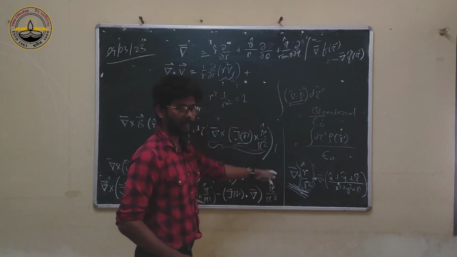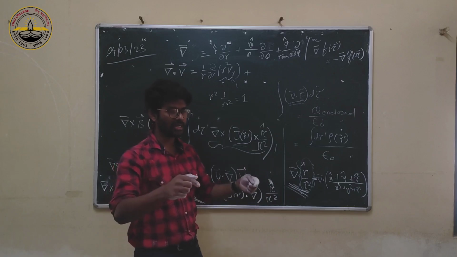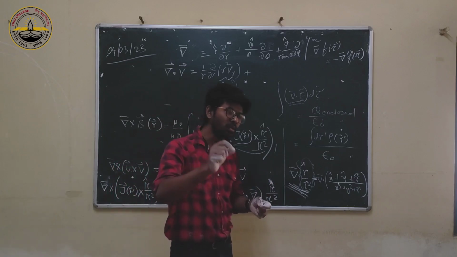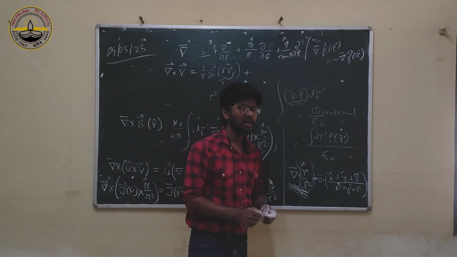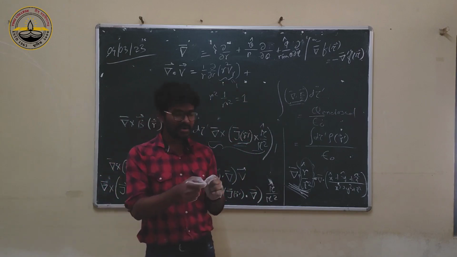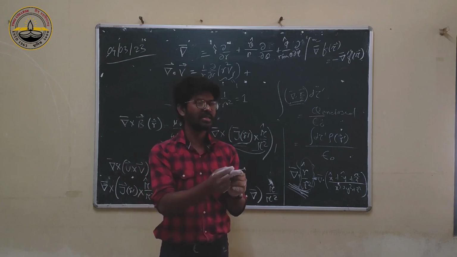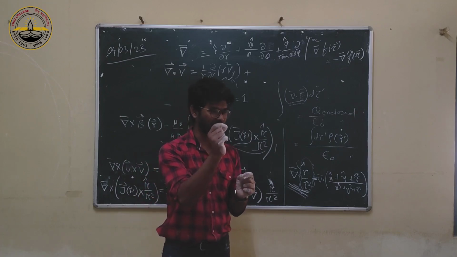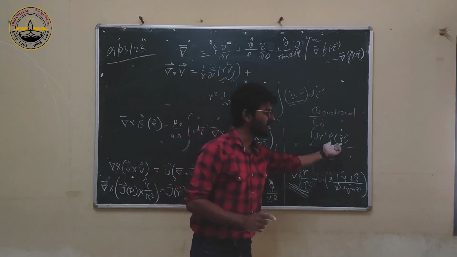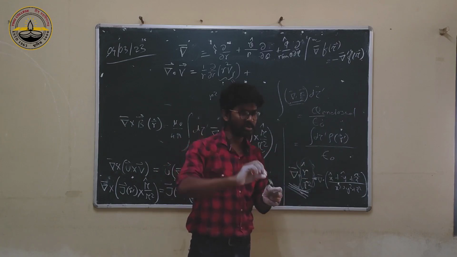The divergence of this function really does not come to 0 in a smooth way, because there is nothing anywhere, and there is something exactly where the charge is. So it's 0, 0, 0, and then you have a charge at a point. This charge density is not continuously coming to 0.